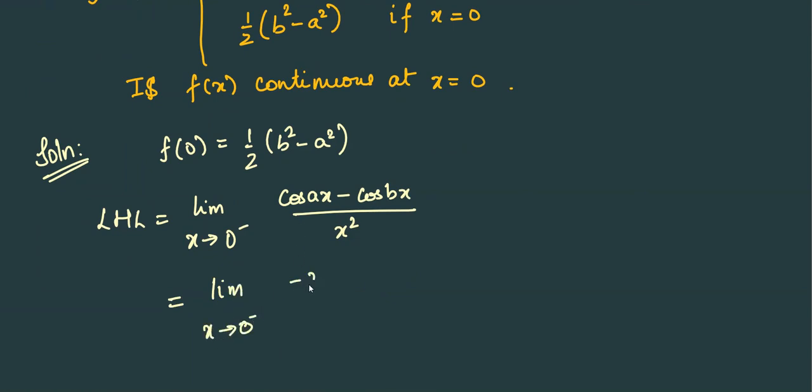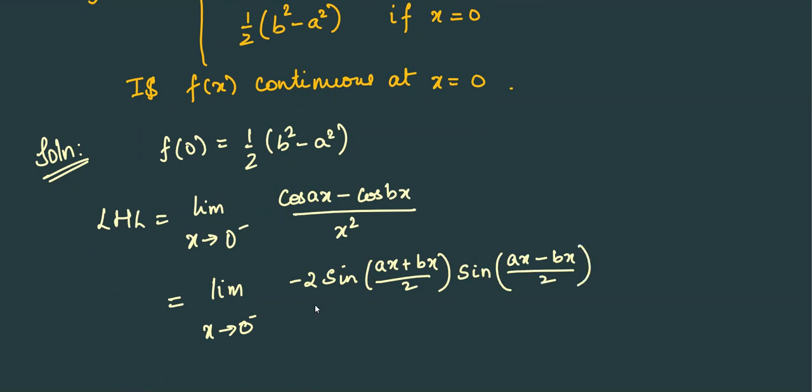So this is minus 2 sine (ax plus bx upon 2) and sine (ax minus bx upon 2) by x square.